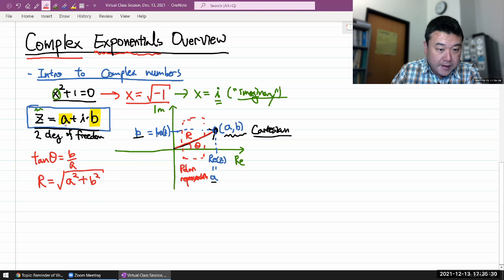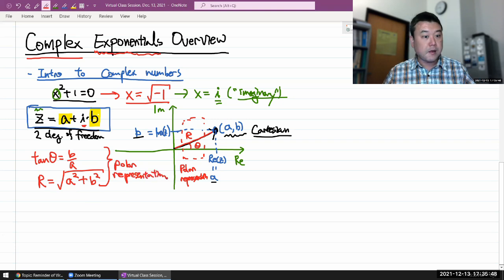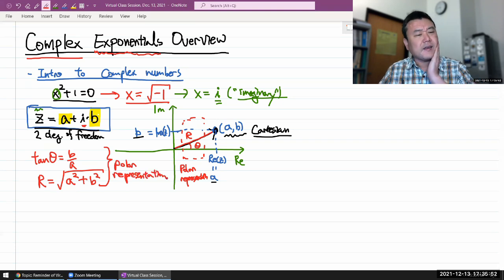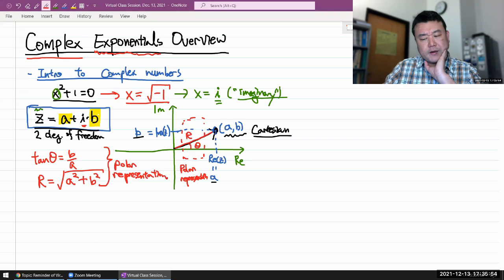And remember, A and B are both real numbers because I have this I separated out here. And you could describe the polar representation this way. And there's nothing wrong with it. At the same time, it might feel like we didn't really gain much.